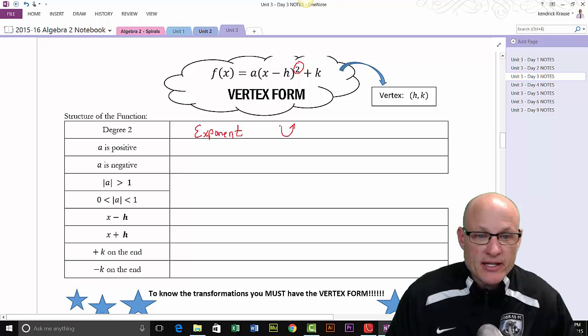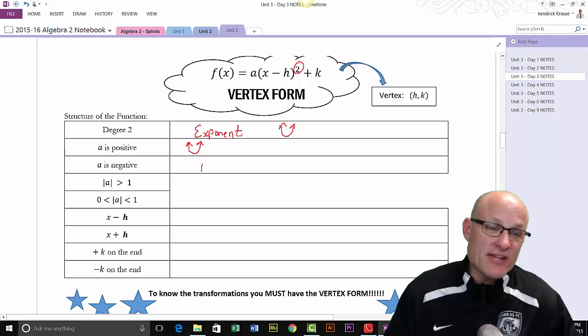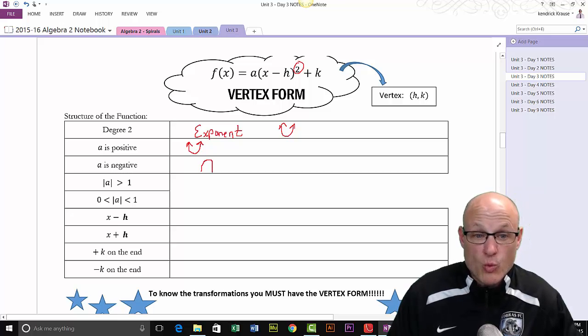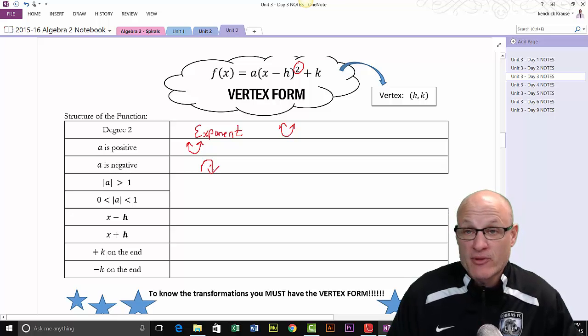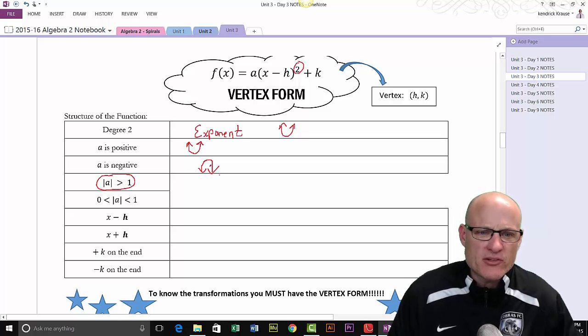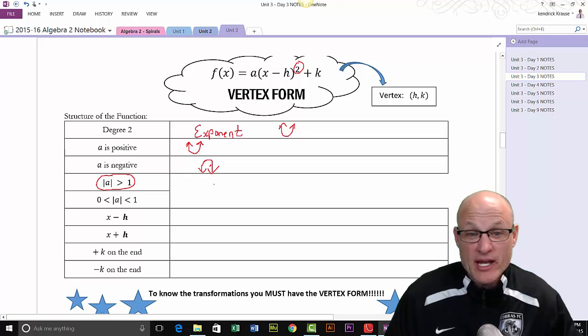If A is negative, it's going down. If the absolute value of A is greater than 1, which means a number bigger than 1, or a number smaller than -1, like -2, -3, -4, that just makes it steeper, really steep. But if the number is between 0 and 1, or between 0 and -1, that makes it wider.